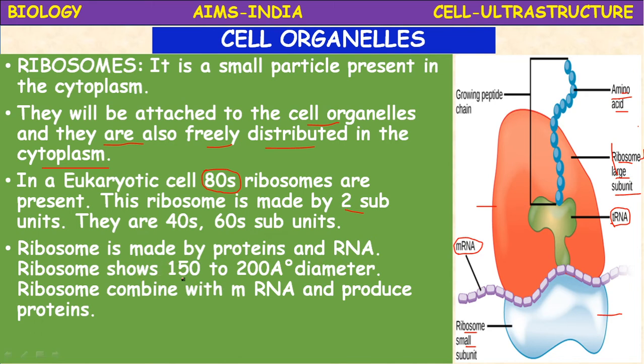The ribosome is very small, 150 to 200 angstroms in diameter. The ribosome combines with mRNA and produces proteins. The ribosome is made up of two units, particularly the eukaryotic ribosomes, the 40S and 60S subunits.